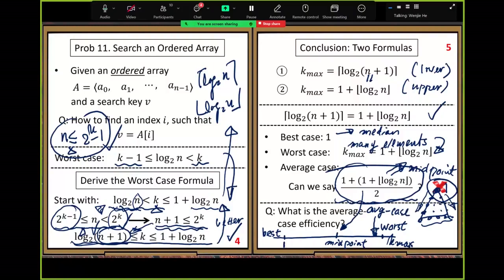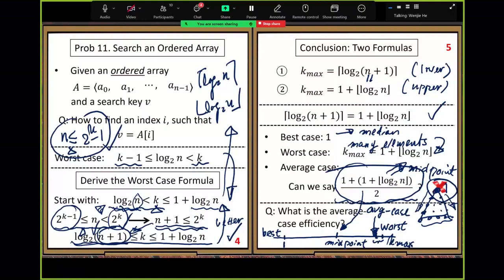Average case is very close to the worst case. How close? There is a small difference between average case and worst case. So what's that difference?